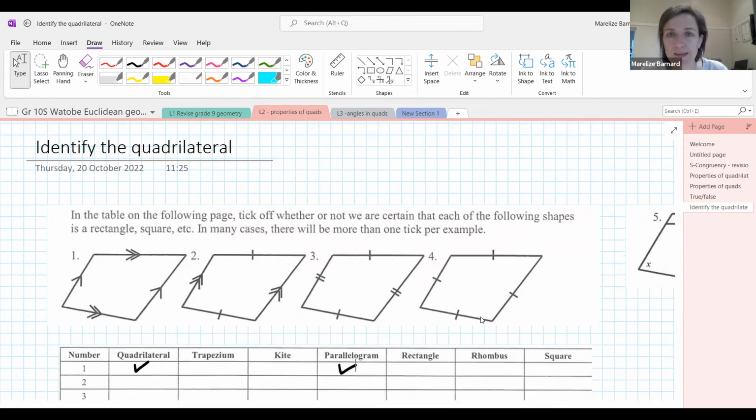Okay, are we ready? This is too difficult? I told you it was going to make you think. Opposite sides are equal for number 3. Think about that. Which quadrilaterals have opposite sides equal?